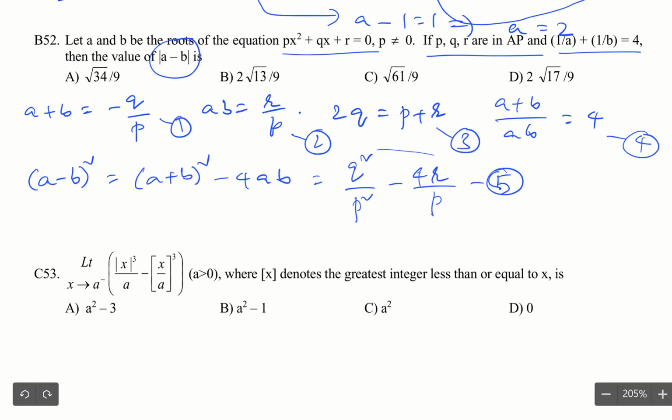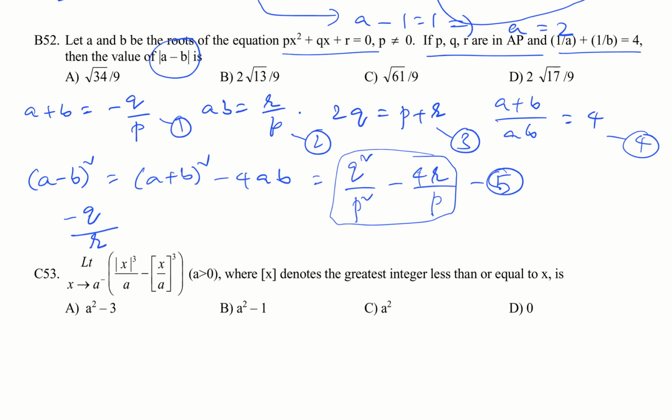Now from this we are going to get rid of this pqr. For that, in 4, I substitute the values of a + b and ab from the equations 1 and 2. So if I substitute in 4, in the place of a + b I write -q/p, and ab is r/p. Those p's in the denominators get cancelled, and it is equal to 4.